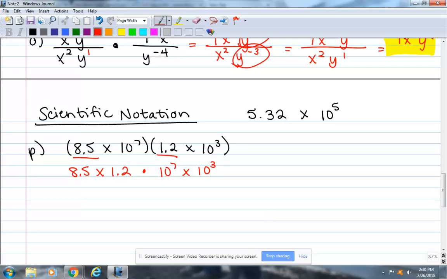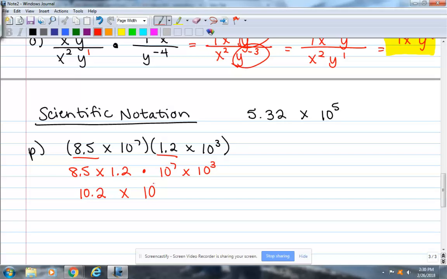So when you do the decimals, just type that in your calculator and tell me what it says. 8.5 times 1.2. What do you get? 10.2. Times 10 to some power. Now we just learned that when we have two things with the same base that are multiplied, what do we do with the exponent?